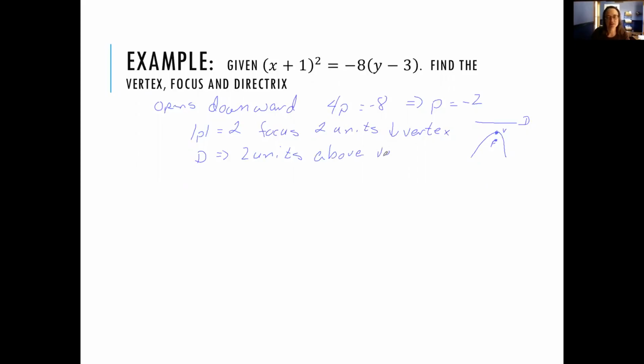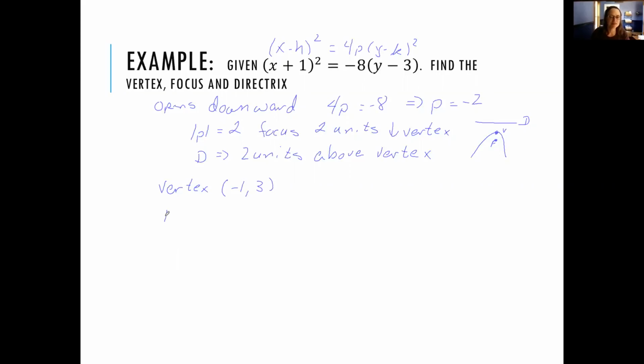So we can read directly from the equation that our vertex, remember that this is x minus h squared equals 4p times y minus k, is at (h, k), which is at (-1, 3).